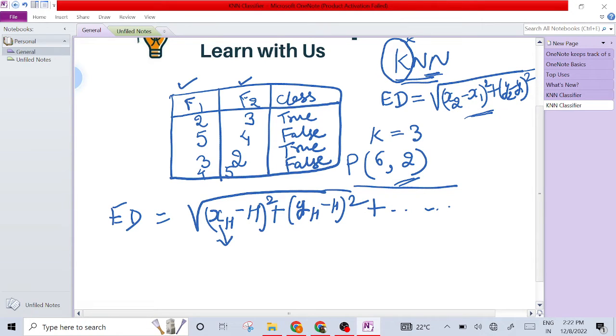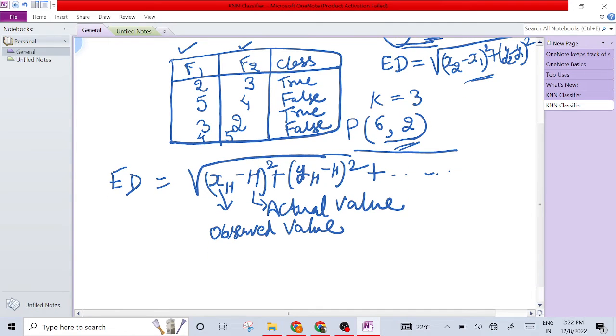Where x is the observed value and this is the actual value of any data. So now here we have to calculate the class for the point (6, 2). That means 6 is F1 and 2 is F2 here.